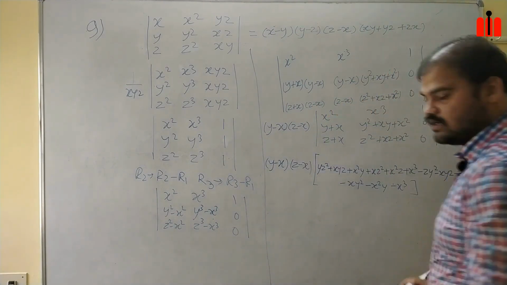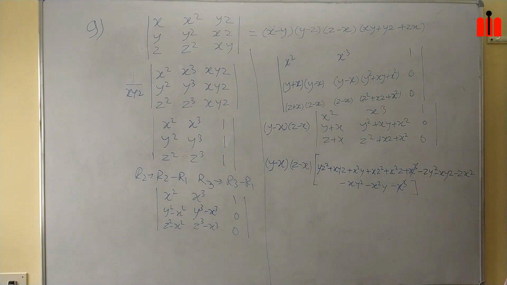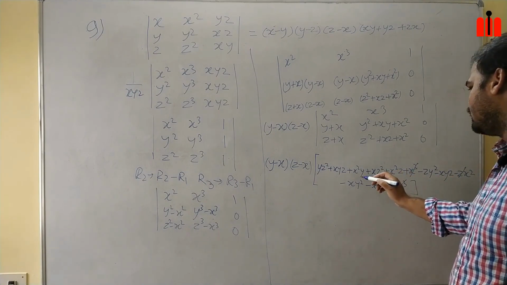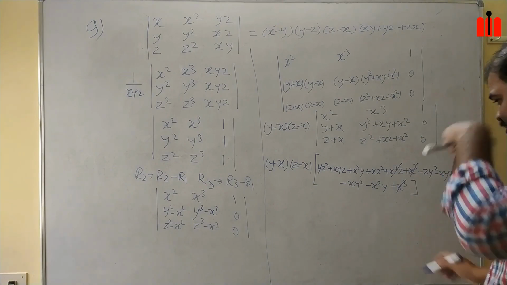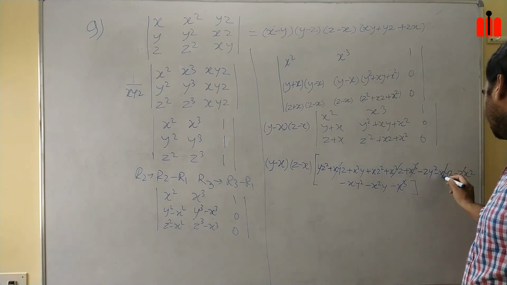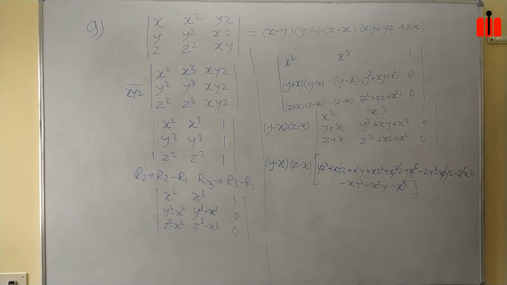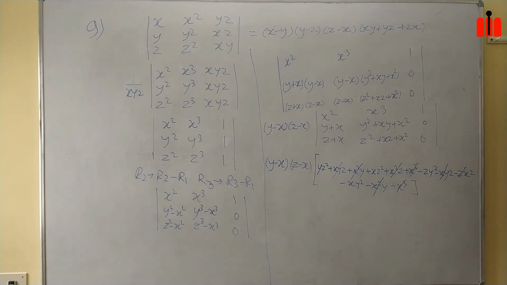So which terms are getting cancelled? Let's cancel that. x cube cancelled. This zx square and here zx square is cancelled. xyz got cancelled. Is any other thing getting cancelled? This x square y and this x square y will get cancelled.